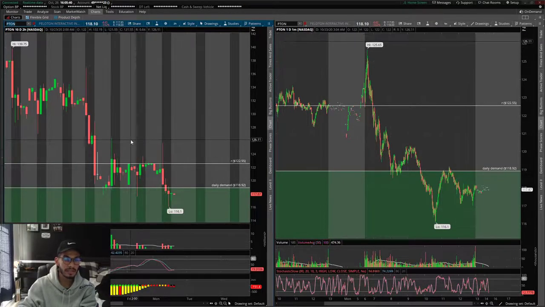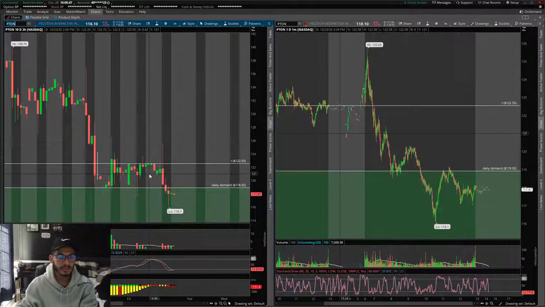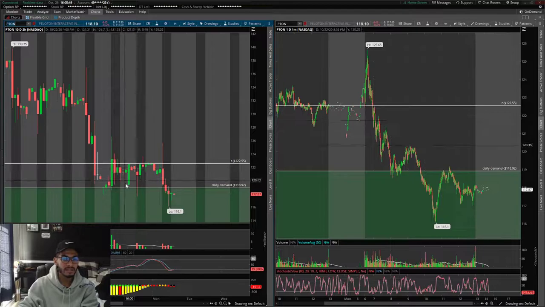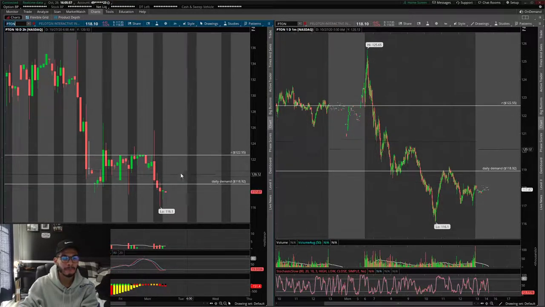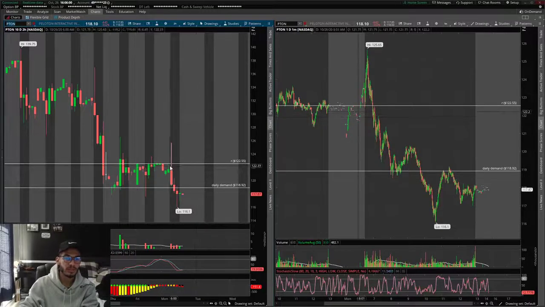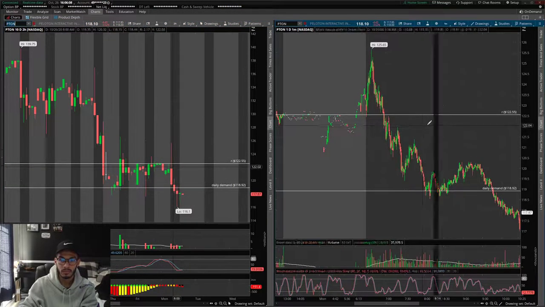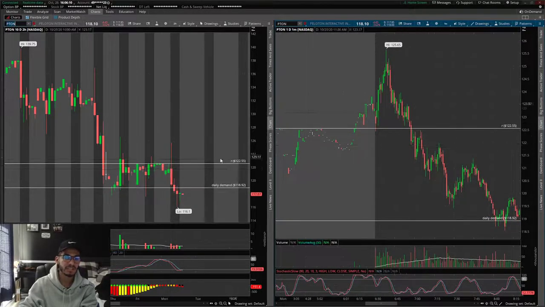So another squeeze that I had seen on the 2 hour was Peloton, and same kind of play as Zoom. I identified this range on Peloton, and these are the levels I was looking to break above or break below. I was looking to get a break above 122.55 to the upside and break below 118.92 to the downside. So you guys can see what happened here.